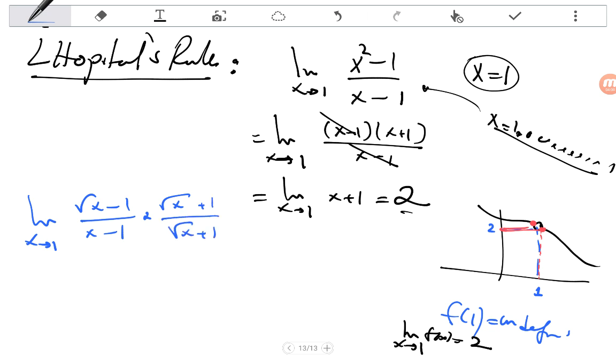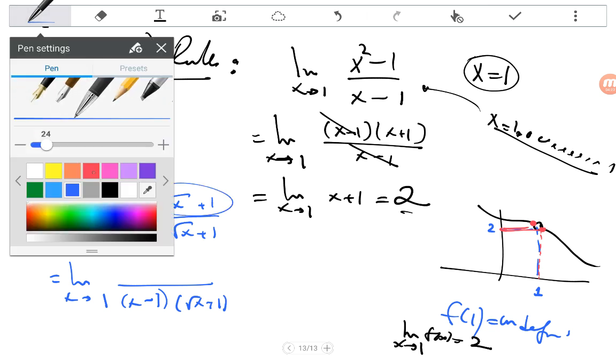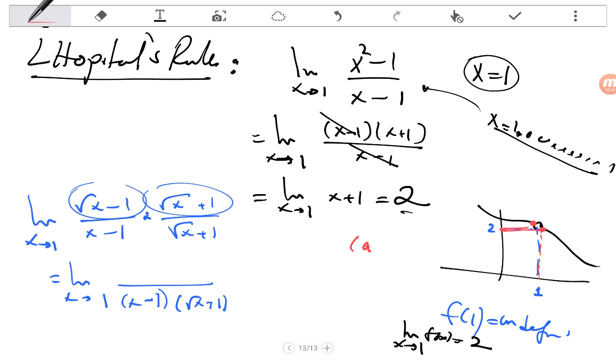I didn't change the problem, I just multiplied by the conjugate in the numerator and denominator. Now, the problem will be like this. x minus 1 root x plus 1. Now I multiply a function by its conjugate.